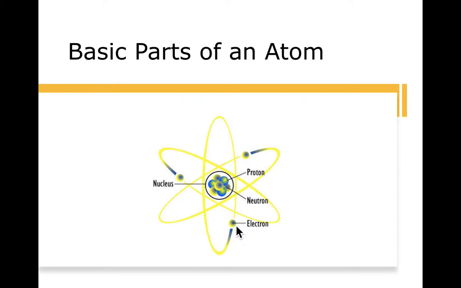The electrons sort of whiz around out here in what are called orbits or orbitals. We're going to learn a lot more about how this is structured later, but the vast majority of the atom's mass is found in this small, dense nucleus. Most of the atom is this electron cloud in terms of volume, and so most of the atom is considered empty space.